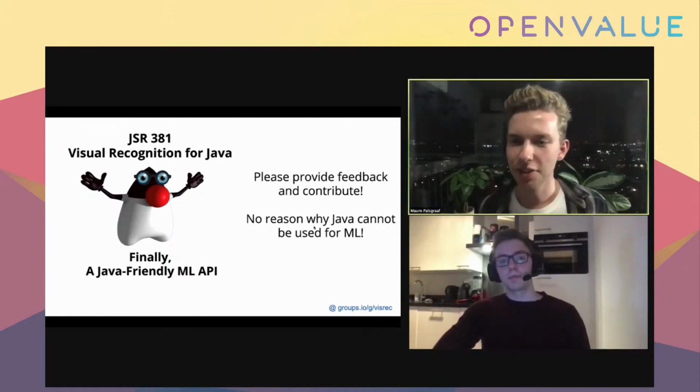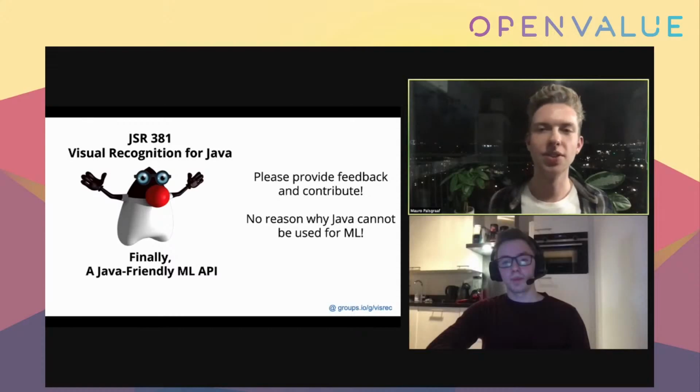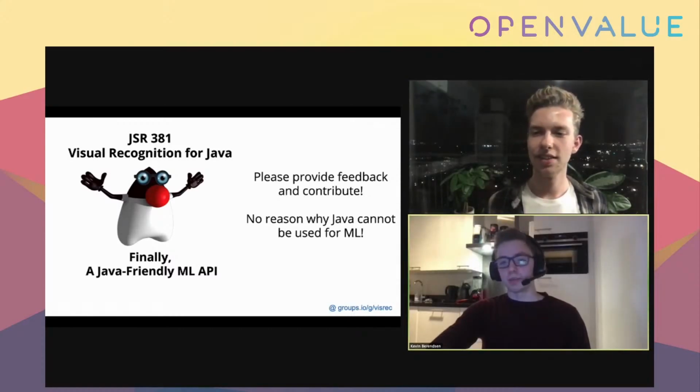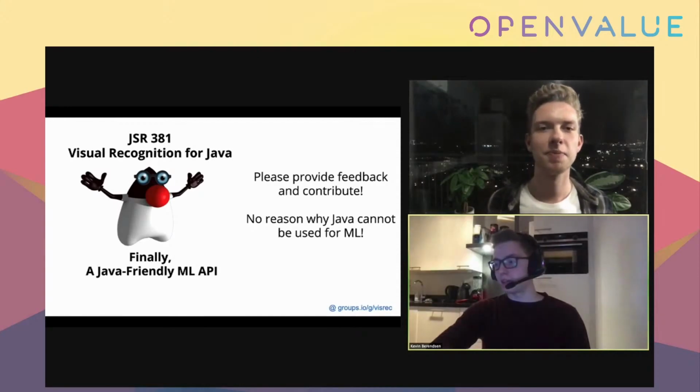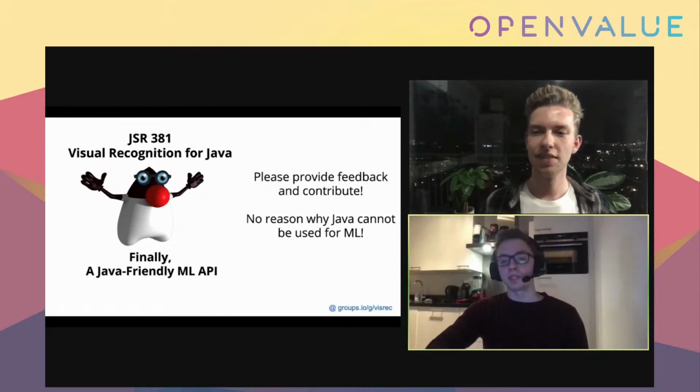The next question is from Wouter Oet. What do you like most about this JSR? It's really just that simple to use. When I started learning machine learning in Python, I had no idea what I was doing, and the results were just like the tutorial. I couldn't create my own results.